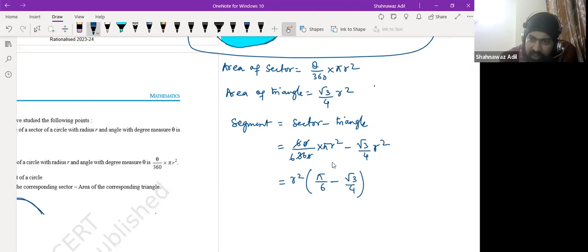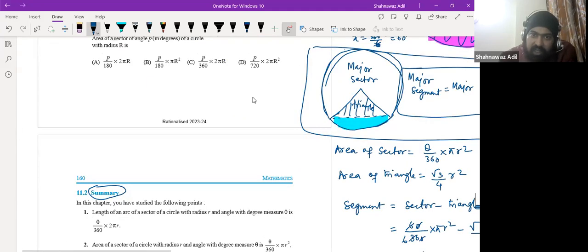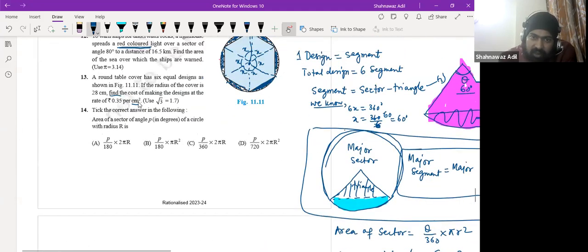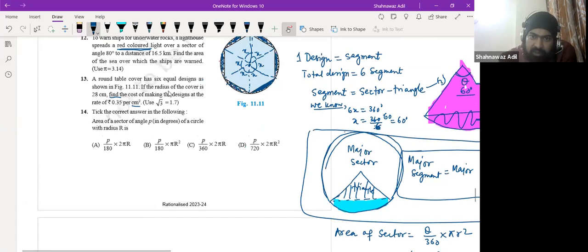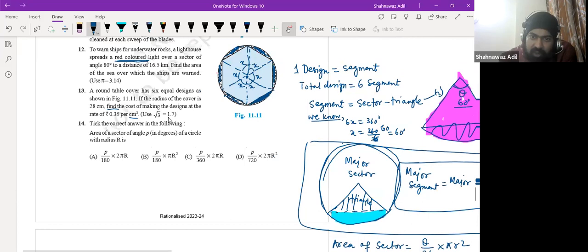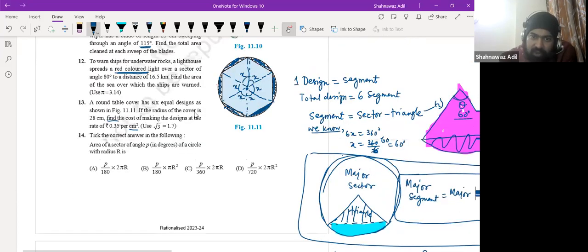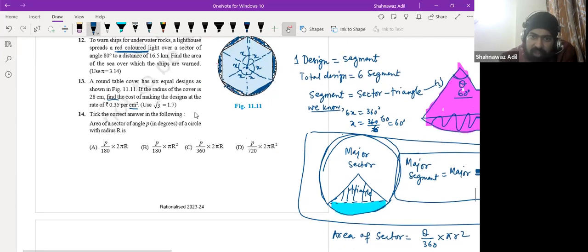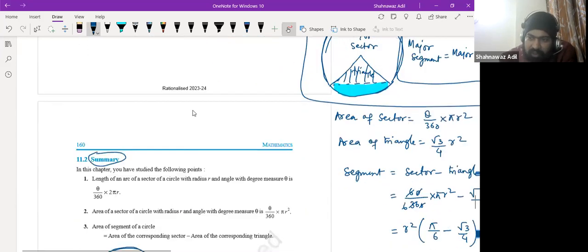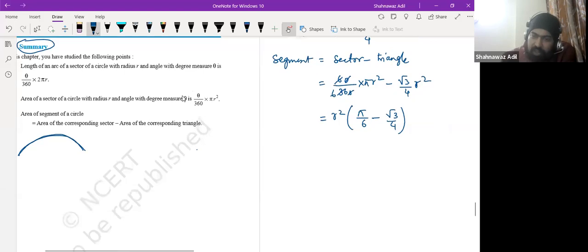So we have to find out, yeah, they have said to use root 3 equal to 1.7. So how much is this thing, right?